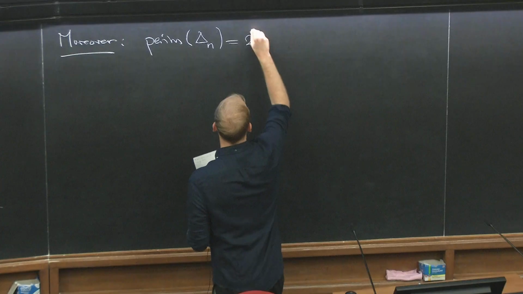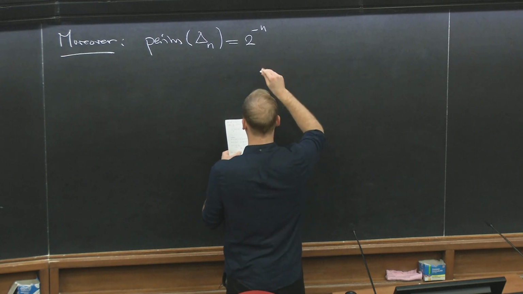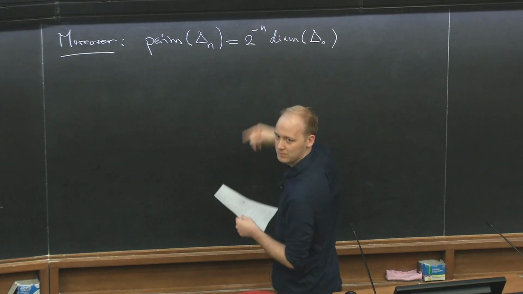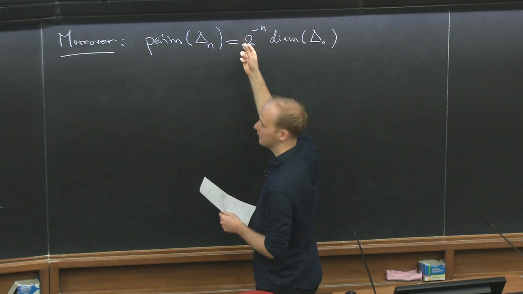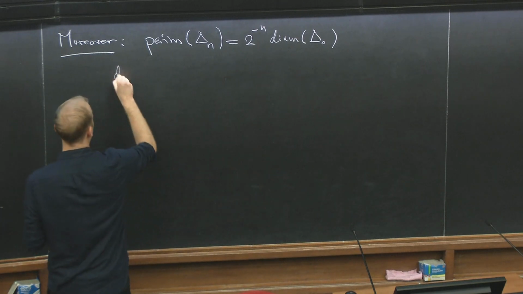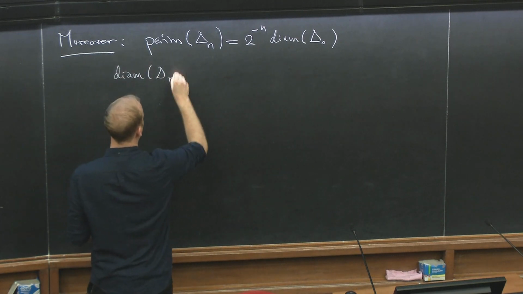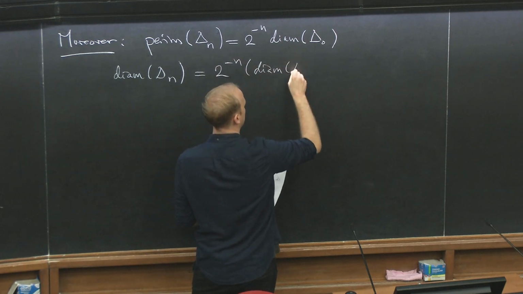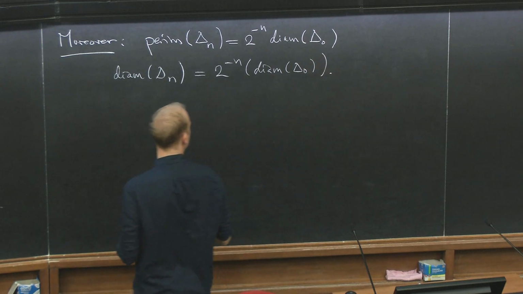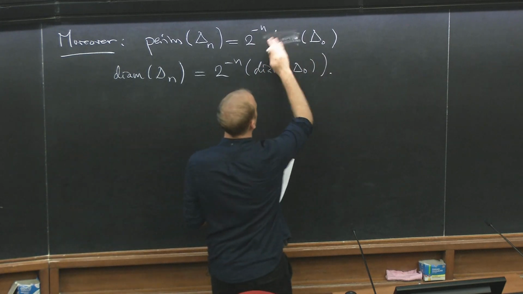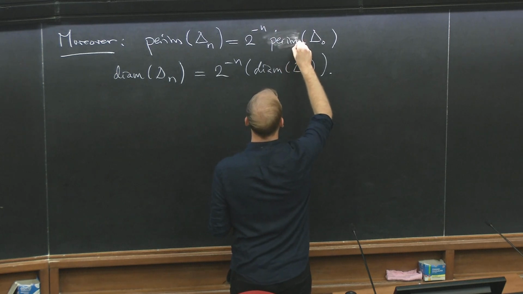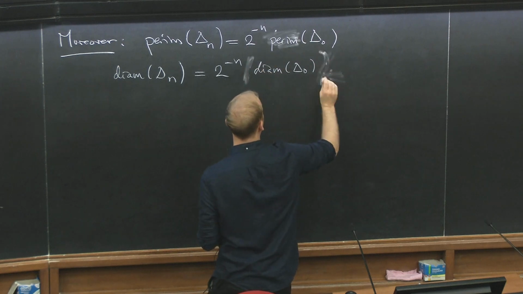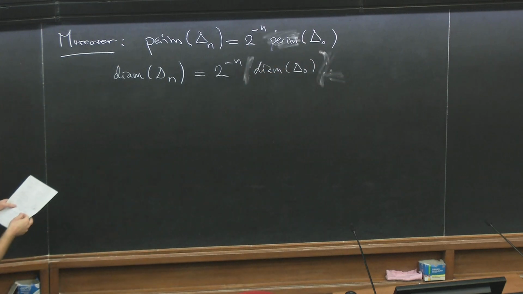So compared to the original delta 0, I will cut it by half n times, so I will get 2 to the power minus n. Sorry. Of course, it's the perimeter here. Here it's the diameter. Can remove those parentheses. Okay, so we get this.